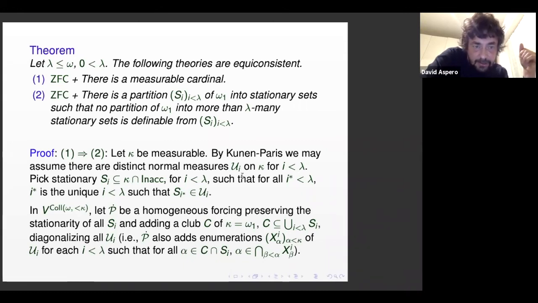So this forcing also adds an enumerating sequence of length kappa of all these measures, and it's such that for every alpha in C intersect S_i, alpha is in all X_i_beta for beta less than alpha. So there's this natural forcing that adds this club by initial segments. And it's not hard to see that it preserves the stationarity of all the S_i's, and it's a homogeneous forcing.